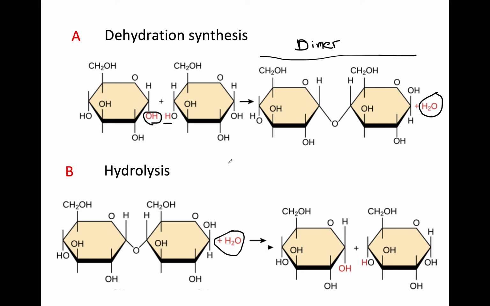So here's an example of really what's happening in nature of a dehydration synthesis, which is the reaction that is used to make large biological molecules, and hydrolysis, which is a reaction that allows us to break large biological molecules.